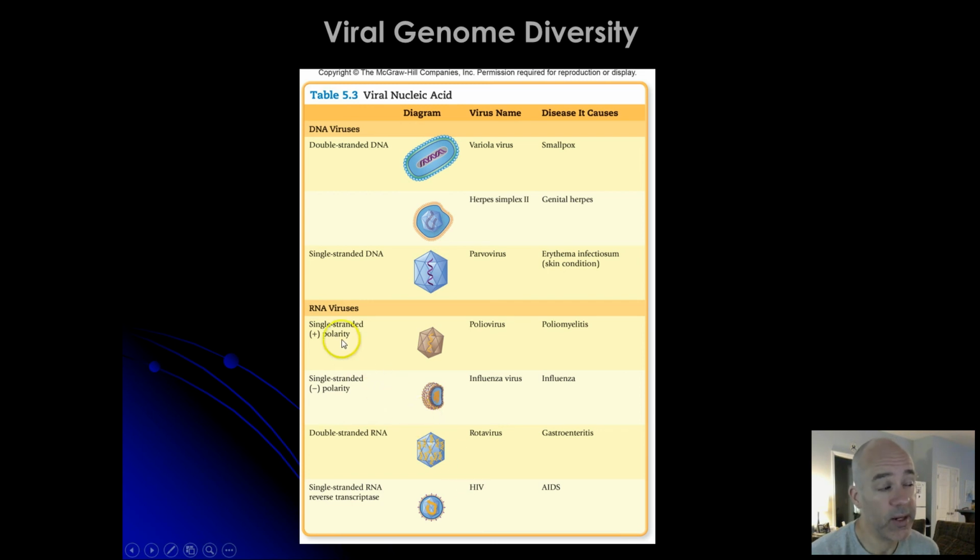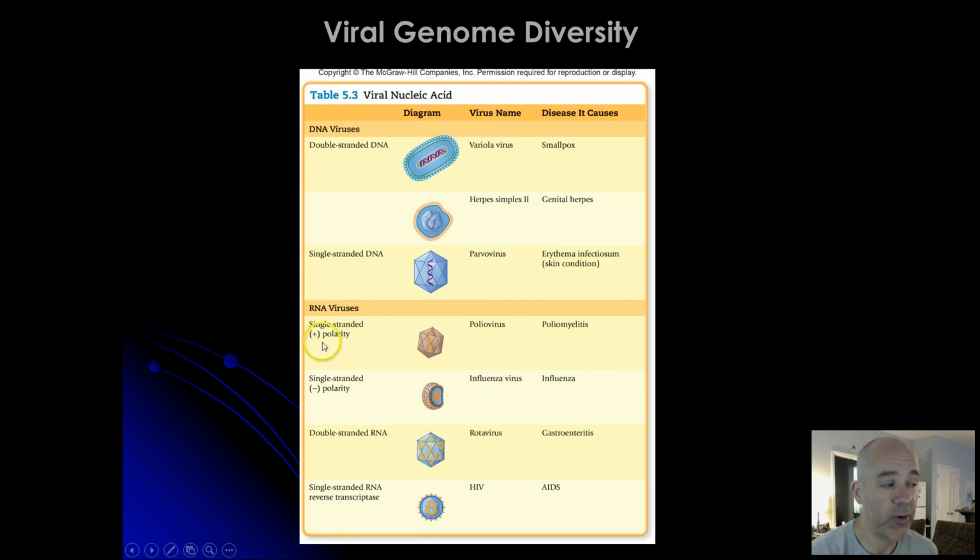And then notice on here, among our single-stranded RNA virus examples, some of them are called positive polarity RNA viruses, and some are called negative polarity RNA viruses. That doesn't have anything to do with electrical charge, so don't get confused by that.